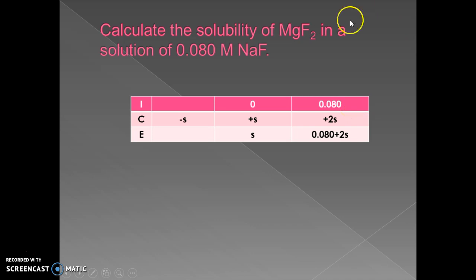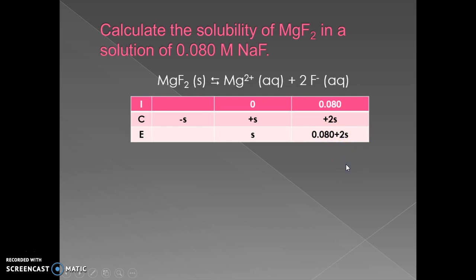So as magnesium fluoride dissociates, I get 1 magnesium ion, but I get 2 fluoride ions. And that's got to be added to the quantity that I already had to start with. And so at equilibrium, that's how much F minus I have.